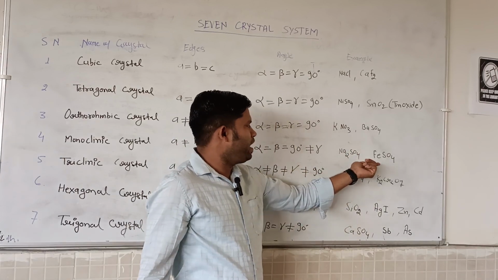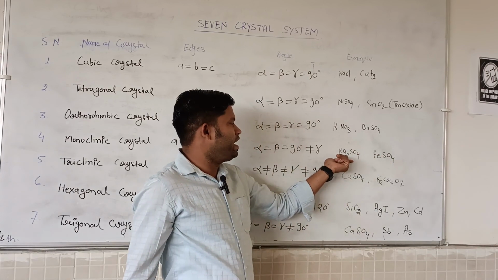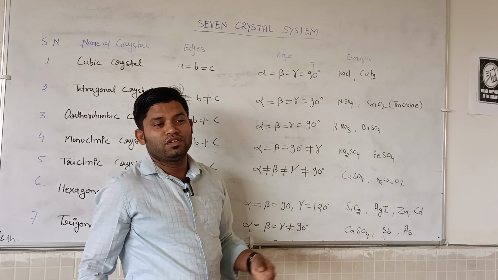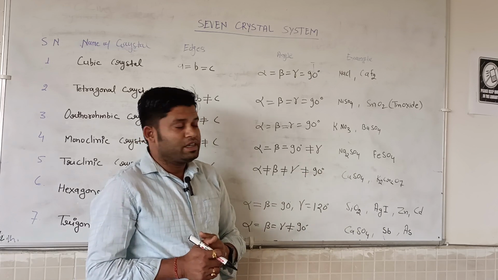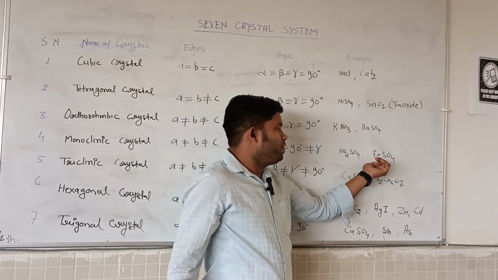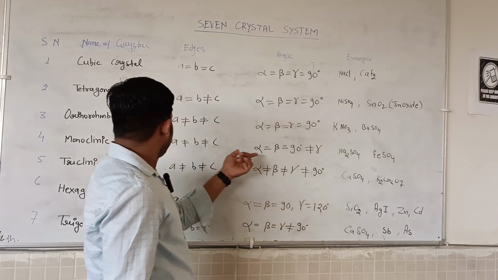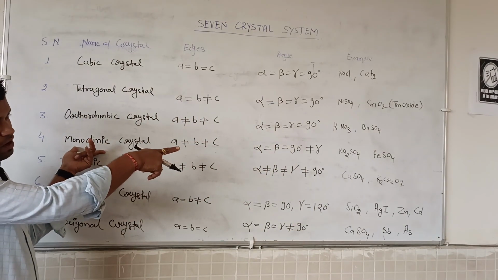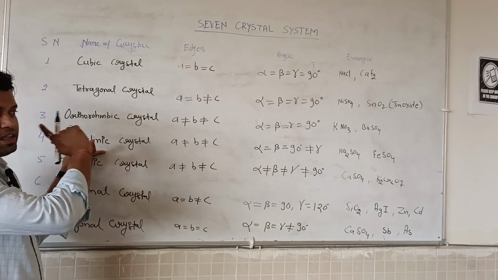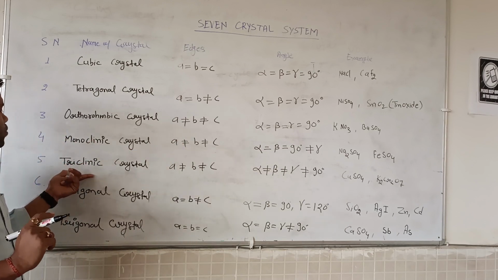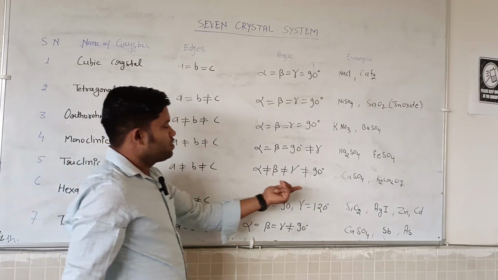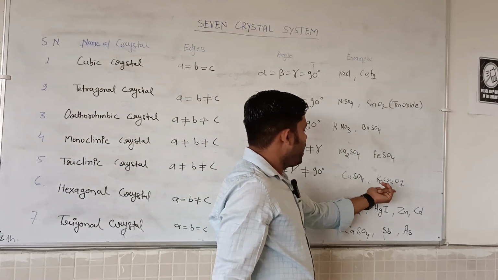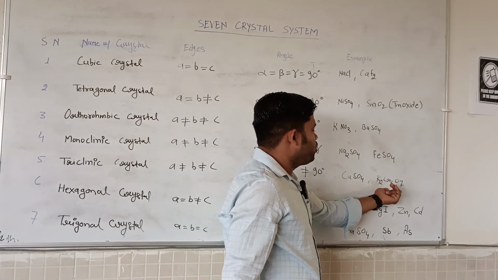Now come to the next, monoclinic crystal: Na2SO4 and FeSO4. What is Na2SO4? Sodium sulfate and ferrous sulfate. What is the example of monoclinic? Sodium sulfate and ferrous sulfate. Now come to the triclinic: CuSO4 and K2Cr2O7.